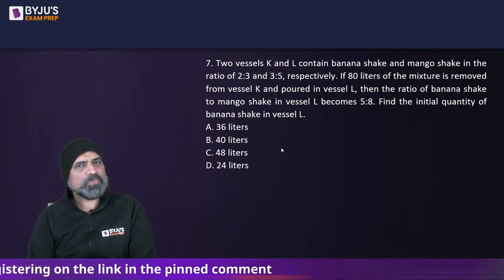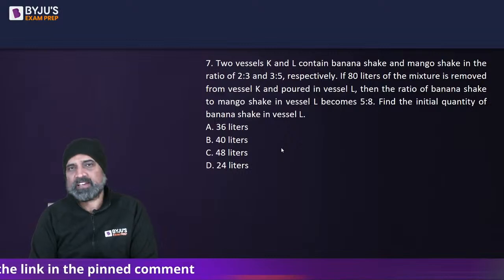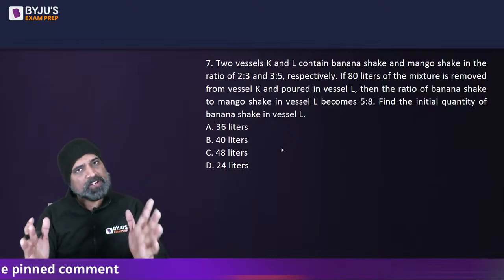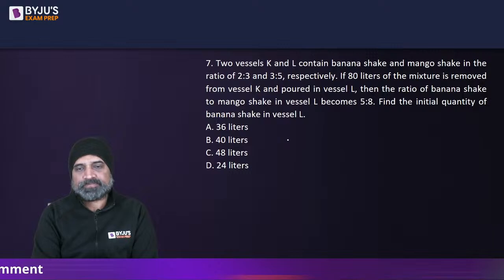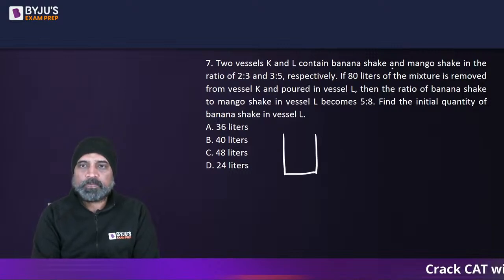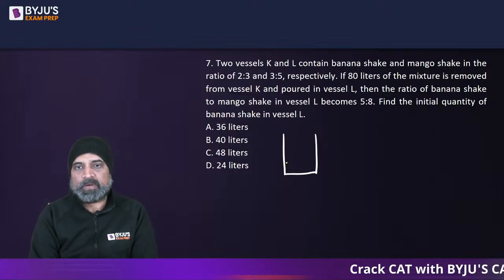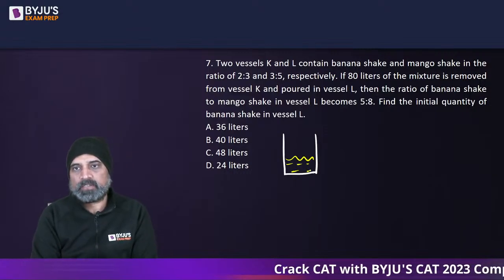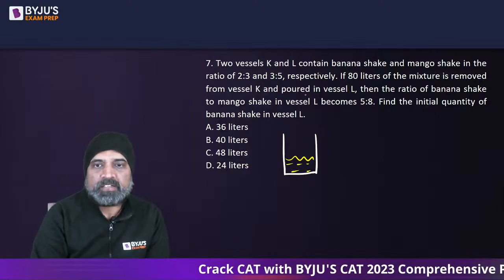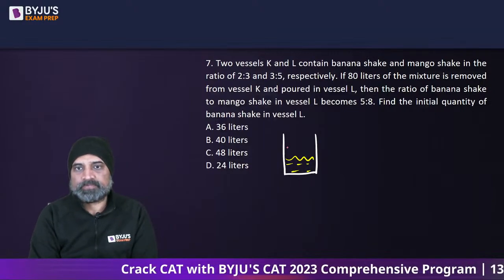So it's not about K having something and L having something. It's just that we have an L. This is L. It has 2 parts. One is banana shake and the other part is mango.